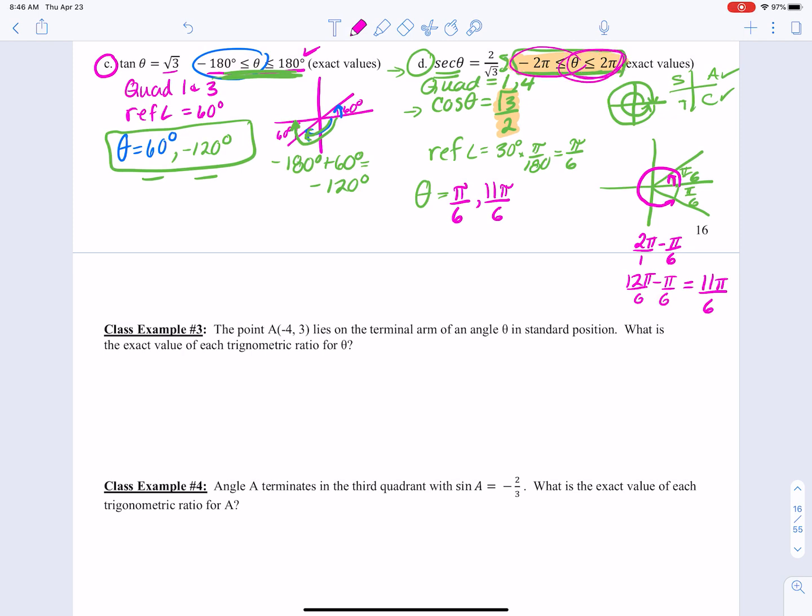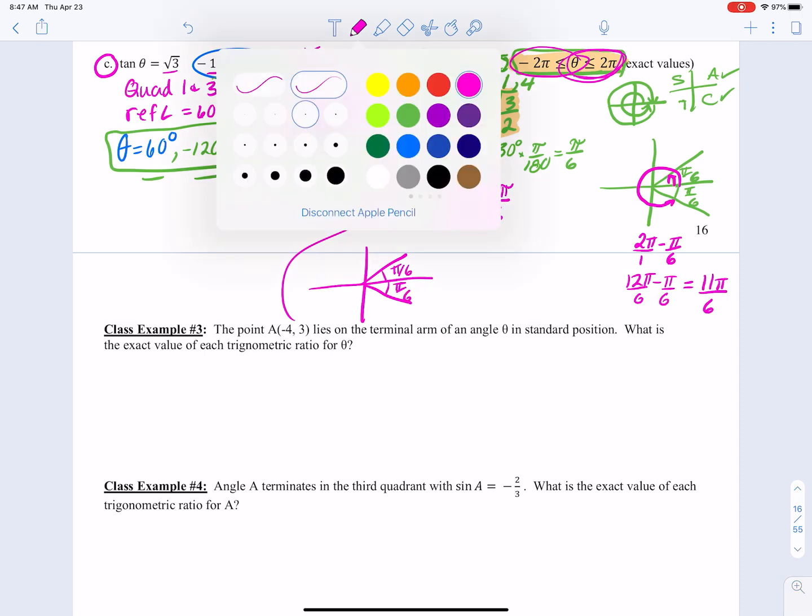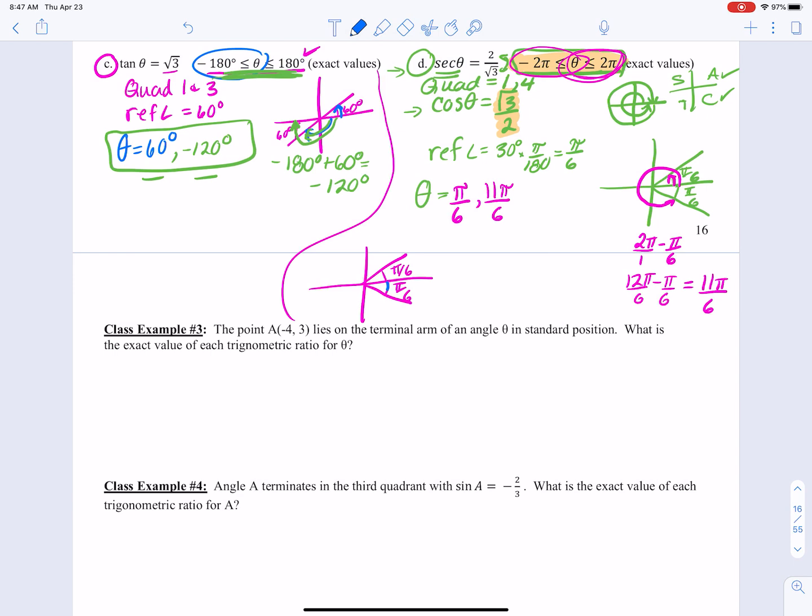Now I got to go do the negative ones. I'm just going to create a new diagram down over here, so it's nice and clean to find the negative ones. So if I take my negative rotation from here and go down, that's going to give me negative pi over 6.